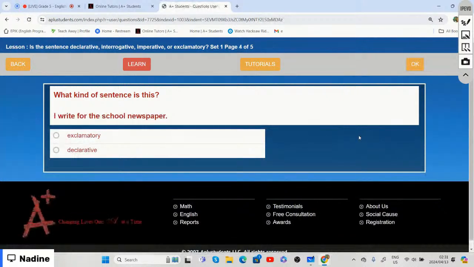I write for the school newspaper. If somebody says, I write for the school's newspaper, is that an exclamatory sentence or a declarative sentence?